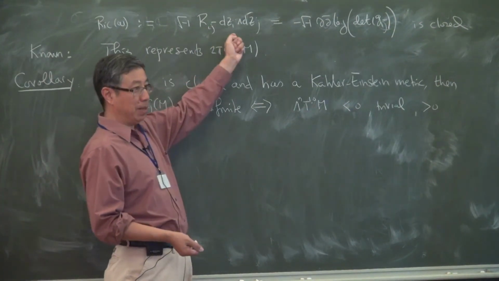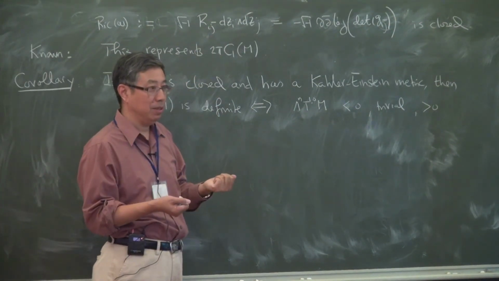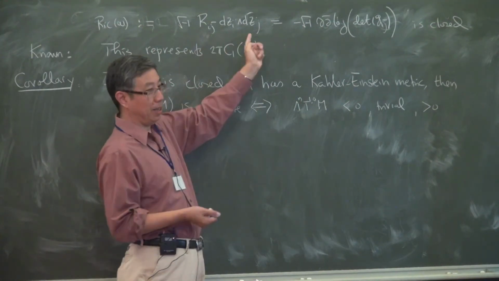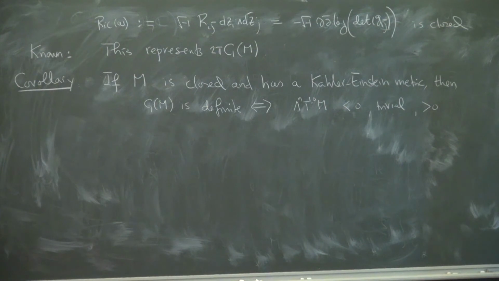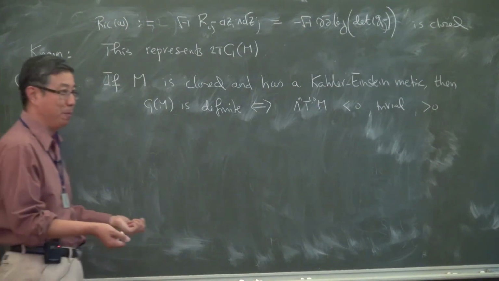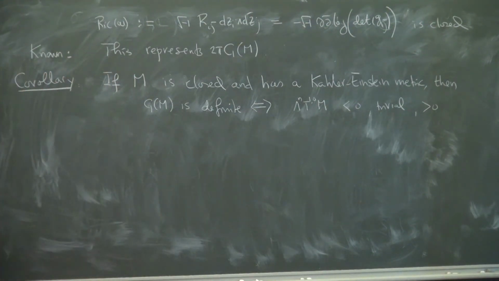This is a complex coordinate, so it's Hermitian symmetric. Just like a Kähler metric, it's Hermitian symmetric, and the corresponding Riemannian tensor is symmetric, so it cannot be made a form.